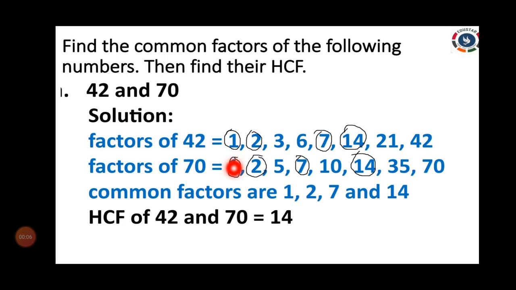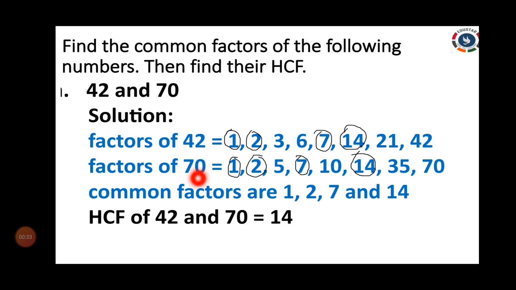And the factors of 70. Here 1 is common, so 1 70 is 70. Then it is an even number, so it comes in the 2 table. So 2 35s are 70. Then 3 won't come. If you add the digits, it is not divisible by 3, and it is not divisible by 4. Then 5 will come, the last digit 0 is there, so 5 14s are 70.